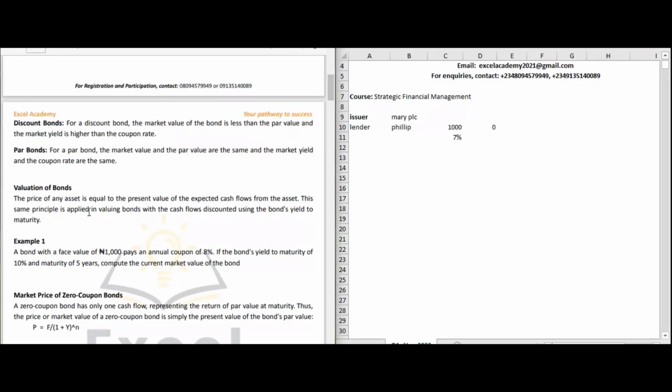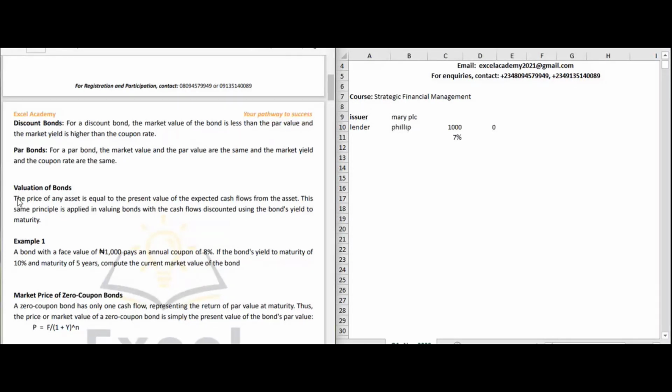Now, this same principle is applied in valuing bonds with the cash flows discounted using the bond's yield to maturity. In finding the value of a bond, just like our equity shares, anything at all, as long as you are an SFM, if you are being told what is the market value of something, all you need to do is look at all the cash flow, we are not talking of profit, so all the cash flow that accrue to that asset, you discount it, and that gives you the market value.